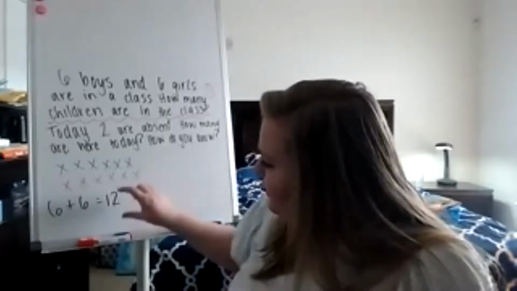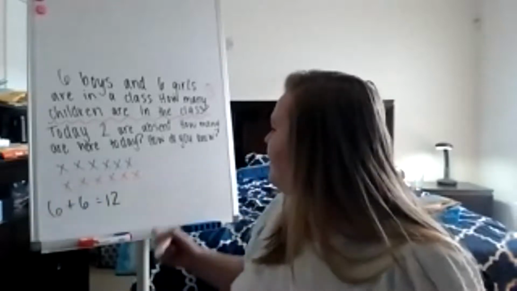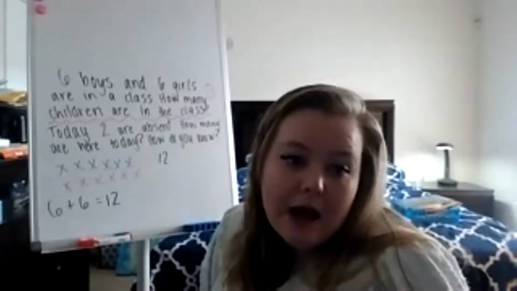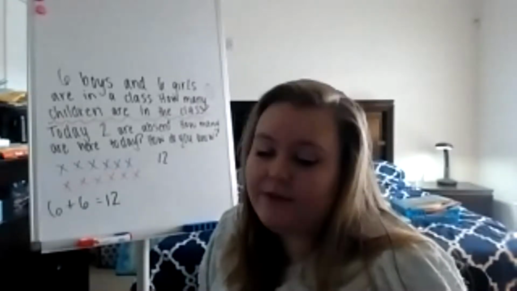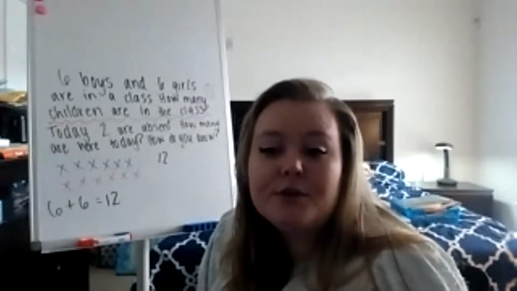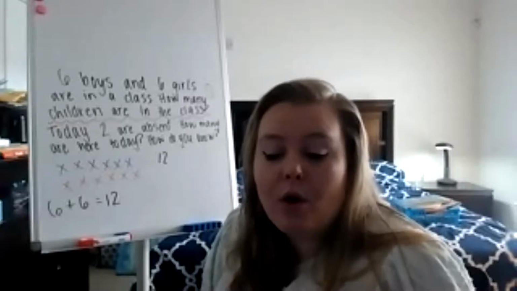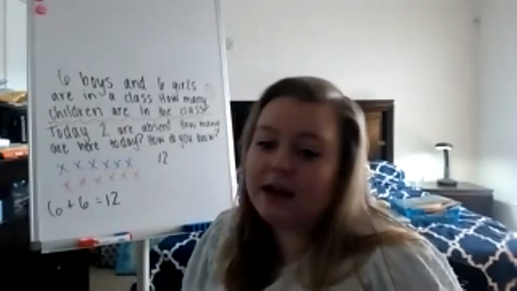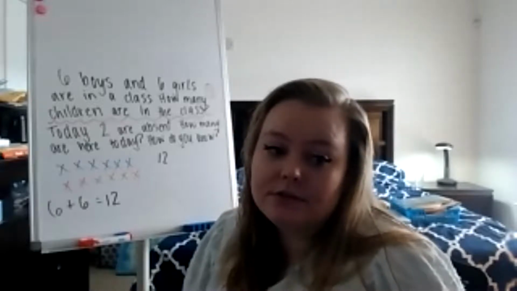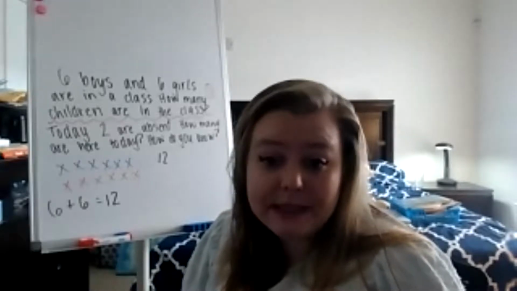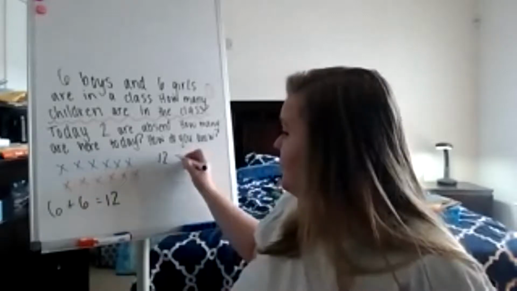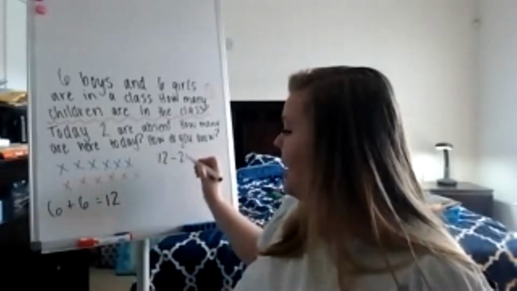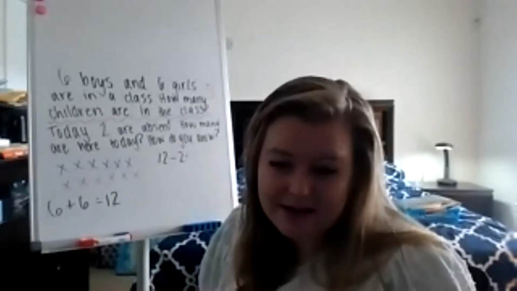So we know that there are 12 kids in class altogether. How many are absent? If they are absent, do you think that we are adding them or taking them away? They're not here. So you should be taking them away. So we're taking away 2 of them, and we want to know how many are here today.